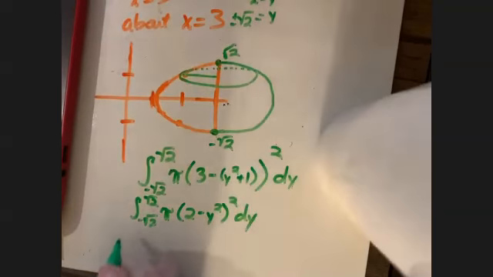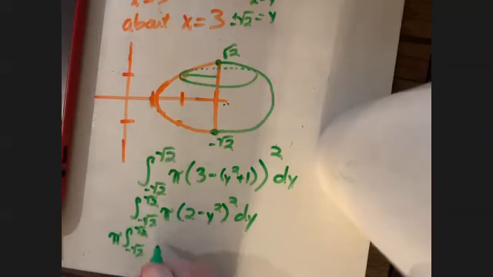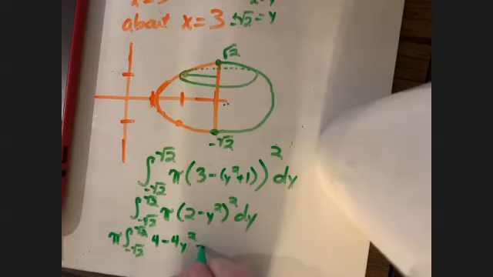Okay. Now, again, I'm going to bring my pi out here to the front. Negative square root of 2, square root of 2. I'm going to FOIL this. So 4 minus 4y squared plus y to the 4th dy.